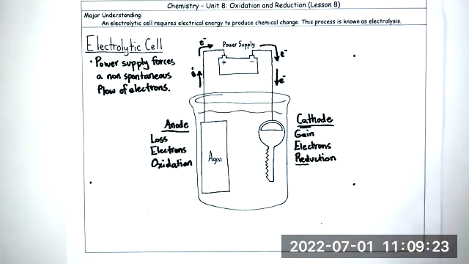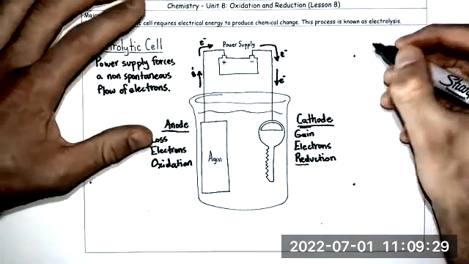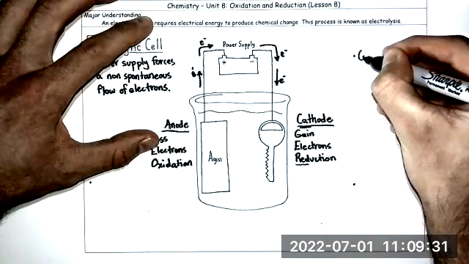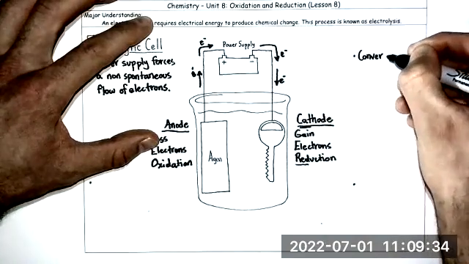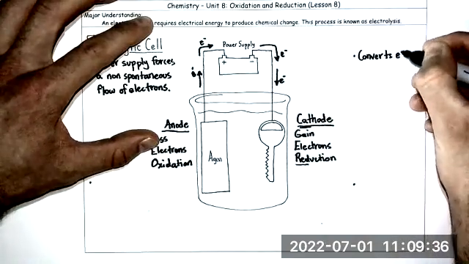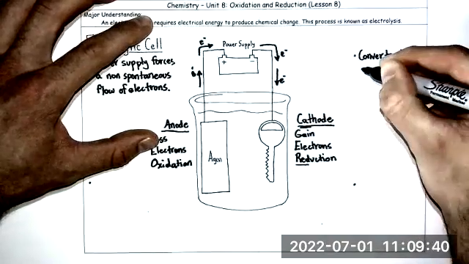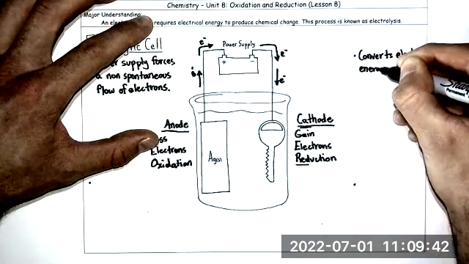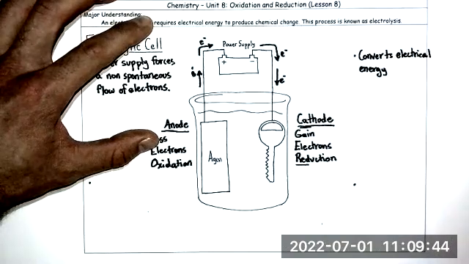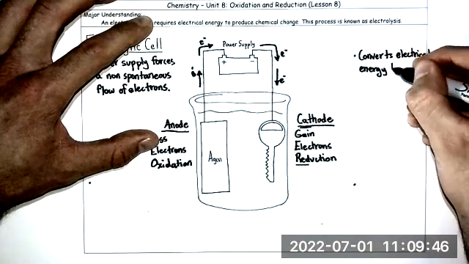All right. So now what an electrolytic cell does is it converts electrical energy to chemical energy.